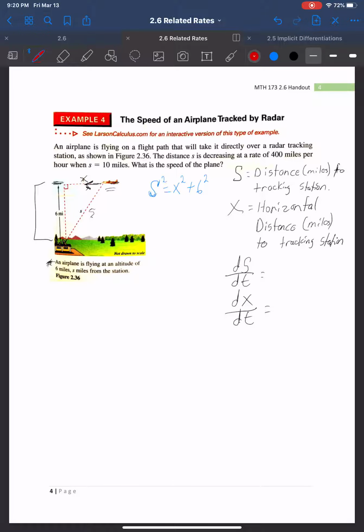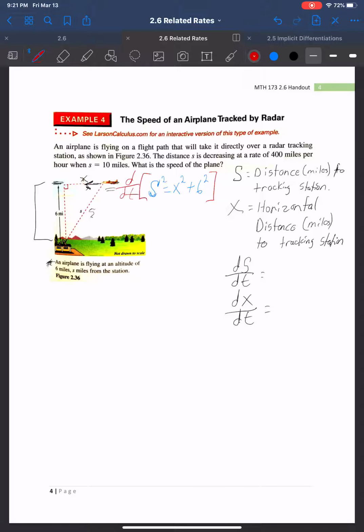But let me just approach it the way I think a student might approach it, and then run into a common problem, and then see how we backtrack our way through it. Ready? So once I have the equation, if I'm a Calc 1 student, I'm ready to take a derivative, right? So when in doubt in a calculus class, a Calc 1 class, take a derivative. So let's go ahead and take these derivatives.